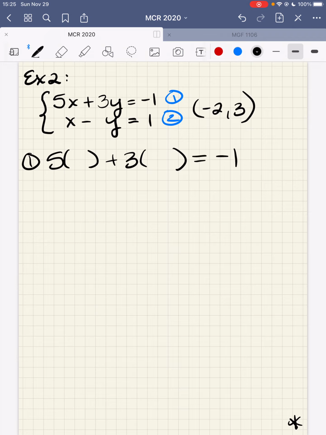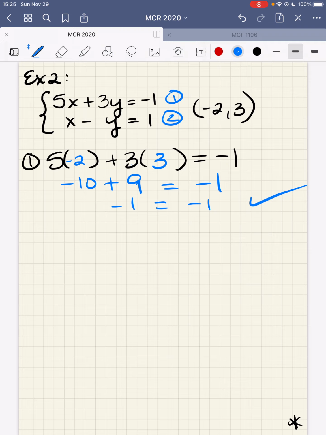And my x and y are negative 2, 3. So x is negative 2, y is 3. And I have positive 5 times negative 2, which is negative 10, plus 3 times 3, which is 9. I spend $10, I only have 9, which means I still owe somebody $1. Okay, so this is a true statement.